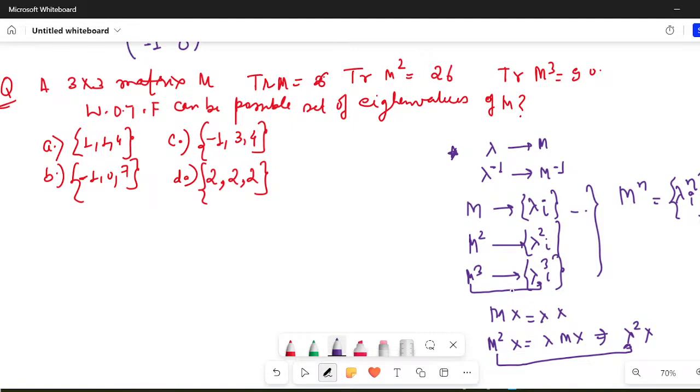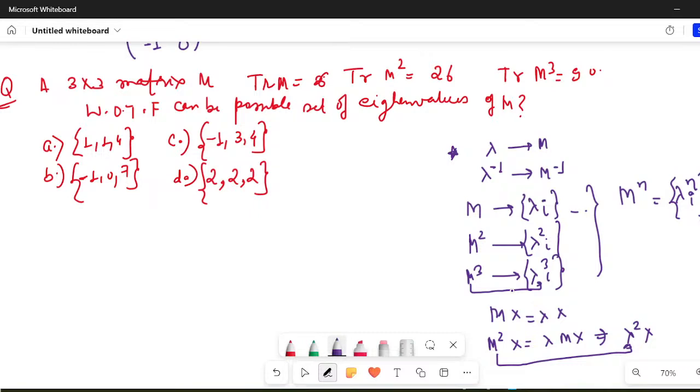Just let me know the option. Which of the following do you think is right? Which can be the possible set of eigenvalues? Just use the options. In the exam, it is not always necessary that you come out with a proper solution. Since the exam itself is giving you options, you just use the options and do the question.